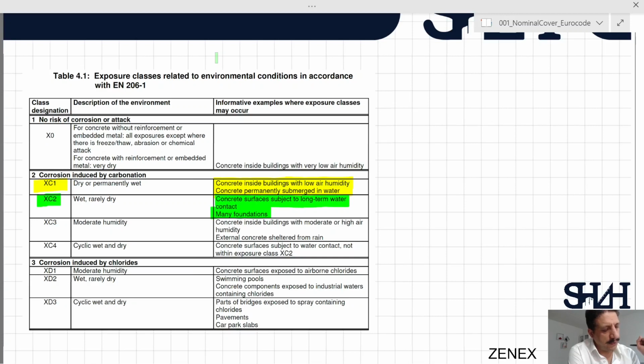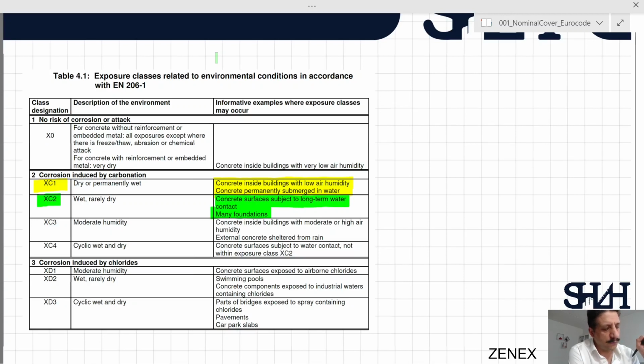For example, concrete surfaces exposed to airborne chlorides, XD1. Swimming pools, and concrete components exposed to industrial waters containing chlorides, are also in this category.